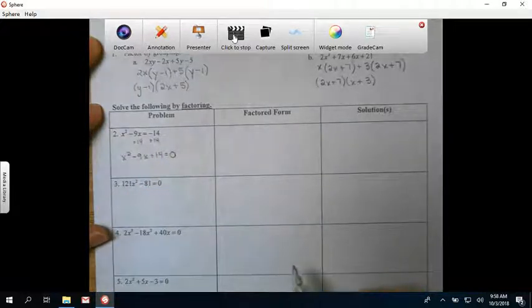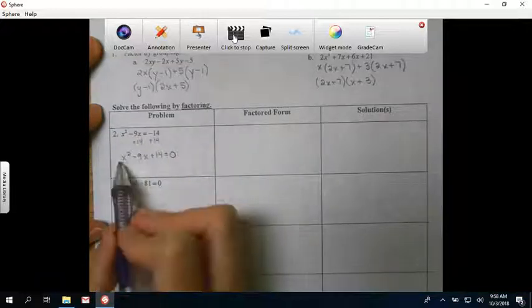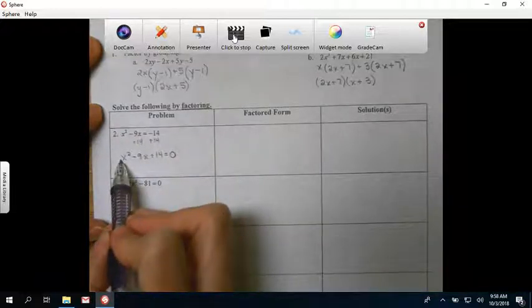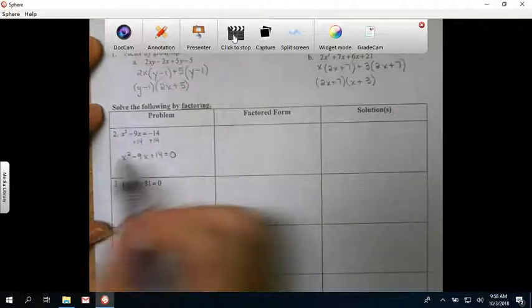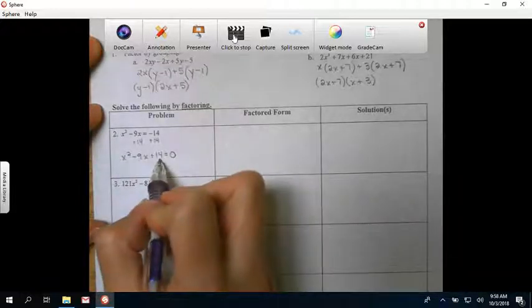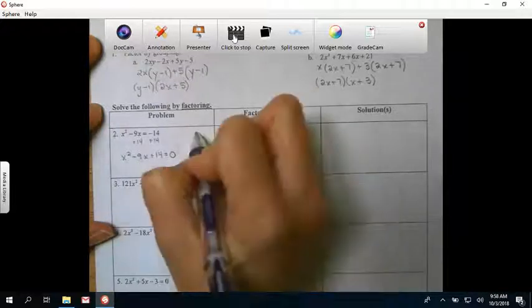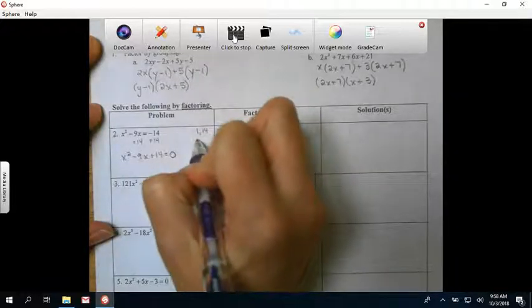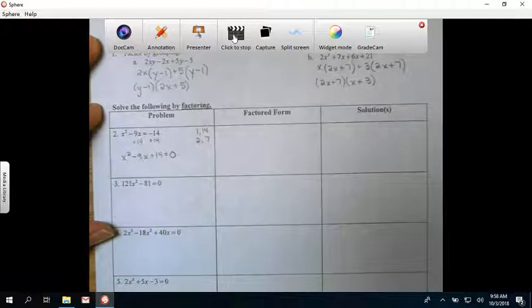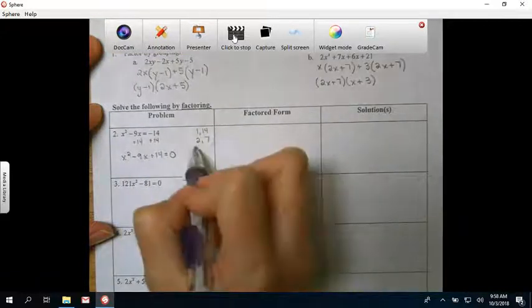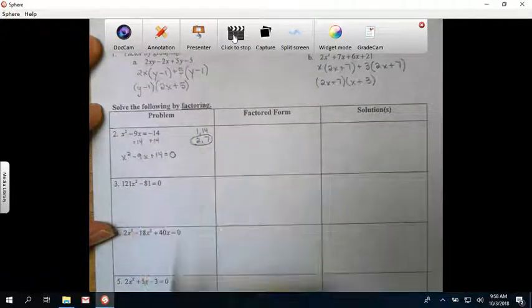So this is a simple trinomial. I do not have a coefficient on the x squared term, so what I'm looking for are what factors of 14 will add to give me 9. So if I write my factors, which of those add to give me 9? Well, a 2 and a 7.